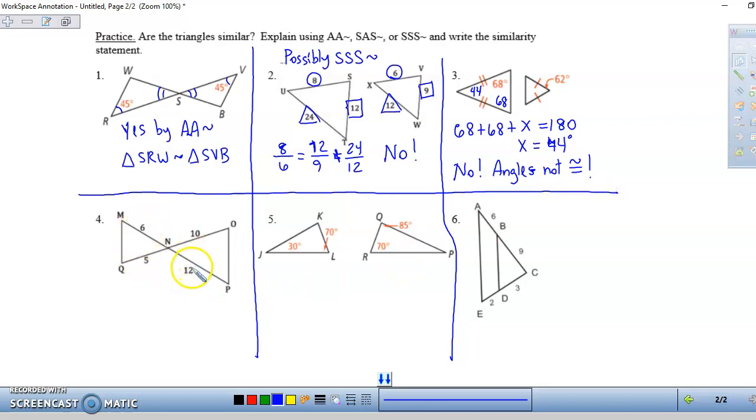Okay, next one. So here, again, I'm given two sides, not three sides. So can't do side, side, side. So it's either going to be side, angle, side or angle, angle. And remember, I can mark vertical angles. So it looks like I'm going to try side, angle, side. Okay, so here's the smallest side on this triangle. Here's the smallest side here.